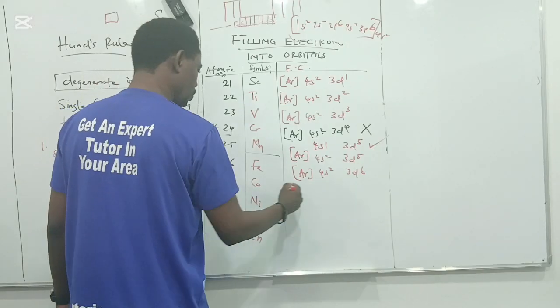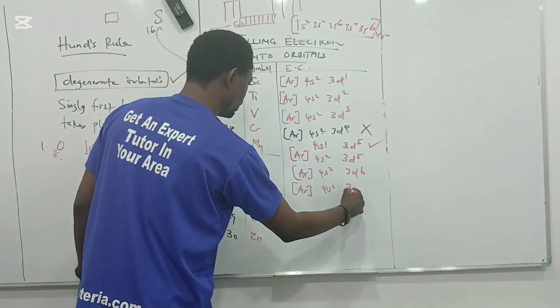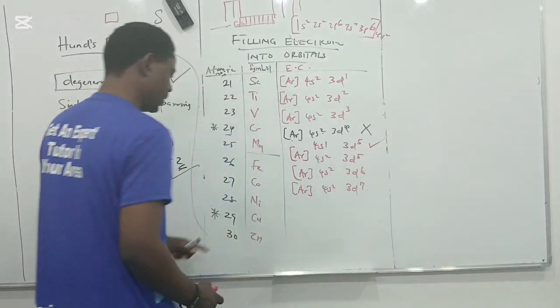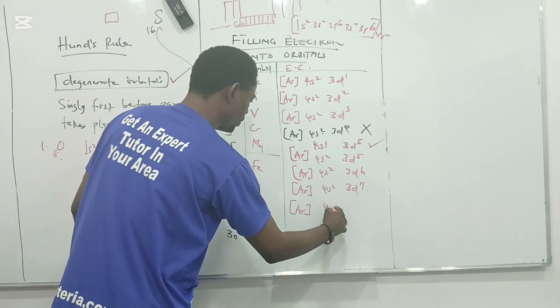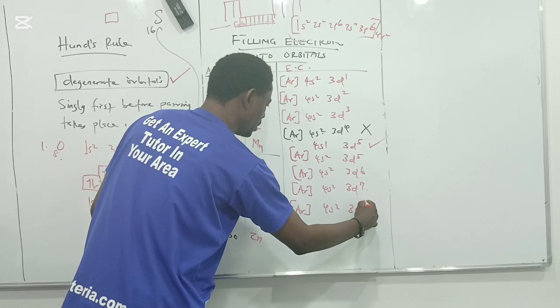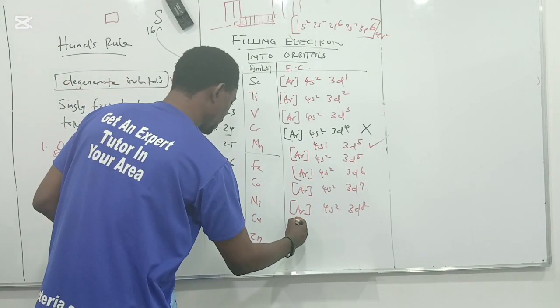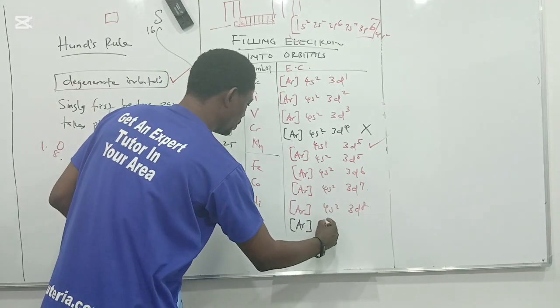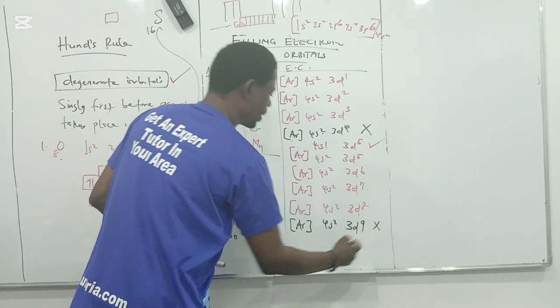Cobalt will be argon, 4s2, 3d7. Can you see that? Nickel will be argon, 4s2, 3d8. Now copper will be argon, 4s2, 3d9. And I say wrong again.